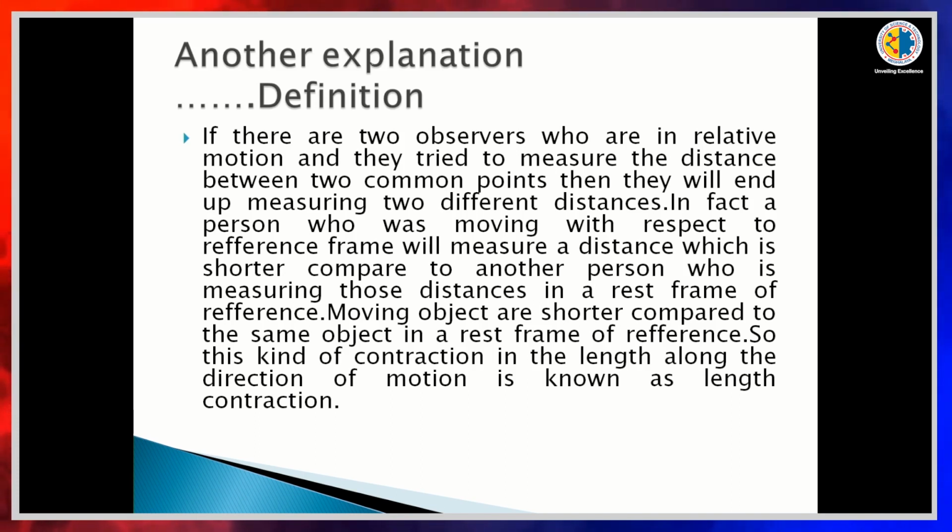So, there are two observers, one in a rest frame and another moving with a constant velocity, and they try to measure the length of a rod from the rest frame and from the moving frame. Moving objects are shorter compared to the same object in a rest frame of reference. This kind of contraction in the length along the direction of motion is known as length contraction.